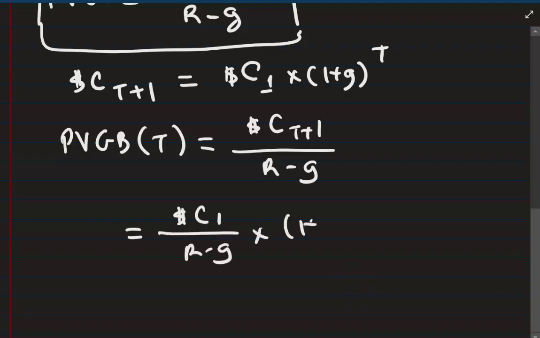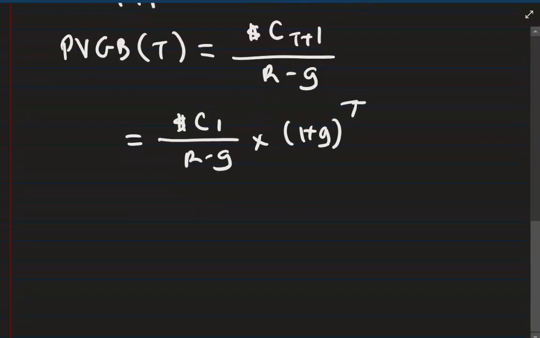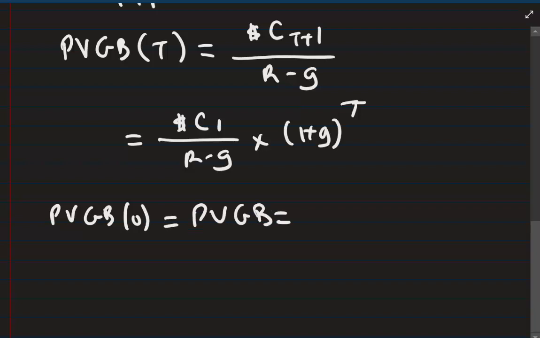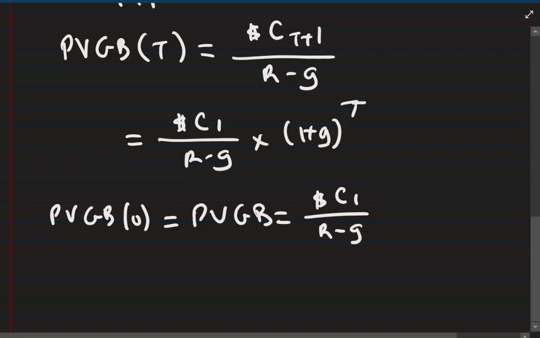Done. But this is the value as of time period T. We need to discount that to today. The present value of GB as of now is the value in the future divided by 1 plus r raised to the power T. That means 1 plus g over 1 plus r raised to the power T.